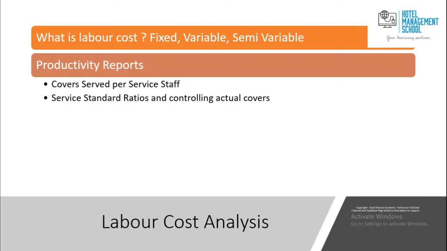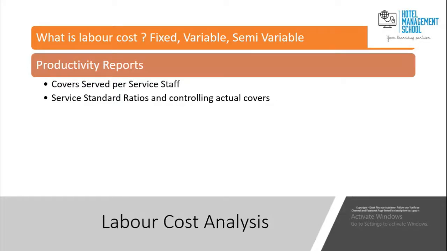Those are the productivity standards, and then you have service standard ratios. These are the things you will analyze in your labor productivity report. The important thing is first to establish the standards, what you want them to do, and then monitor their productivity, how many covers they are serving.